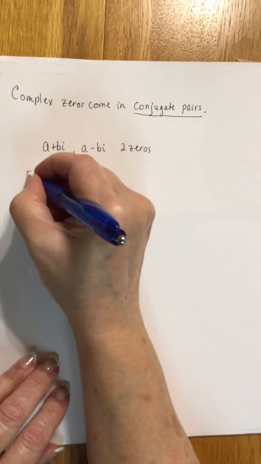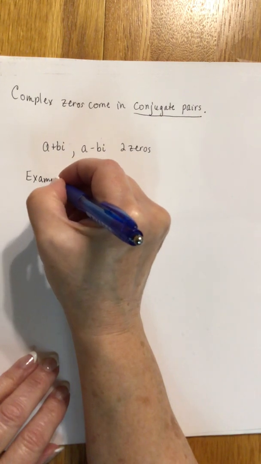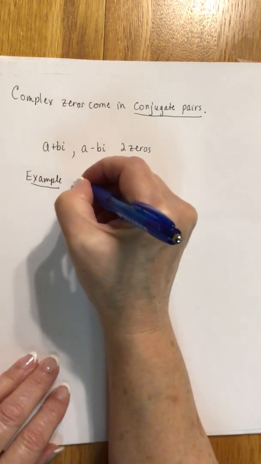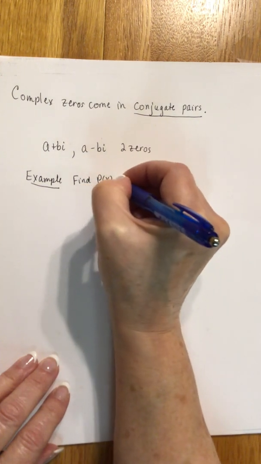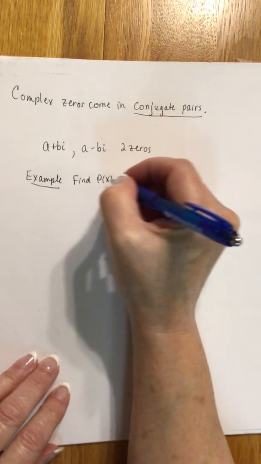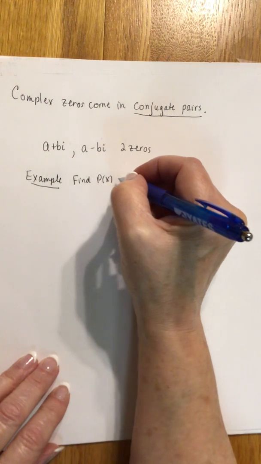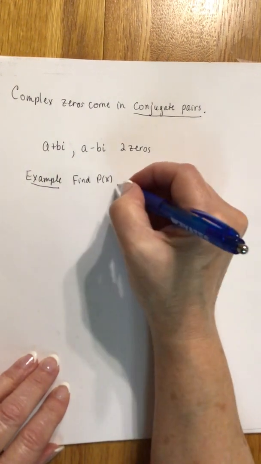So the next example is going to take that into consideration. The example says find p of x. So this time we're creating the polynomial. Instead of having the polynomial given to us and we break it up, now we're going to build it.